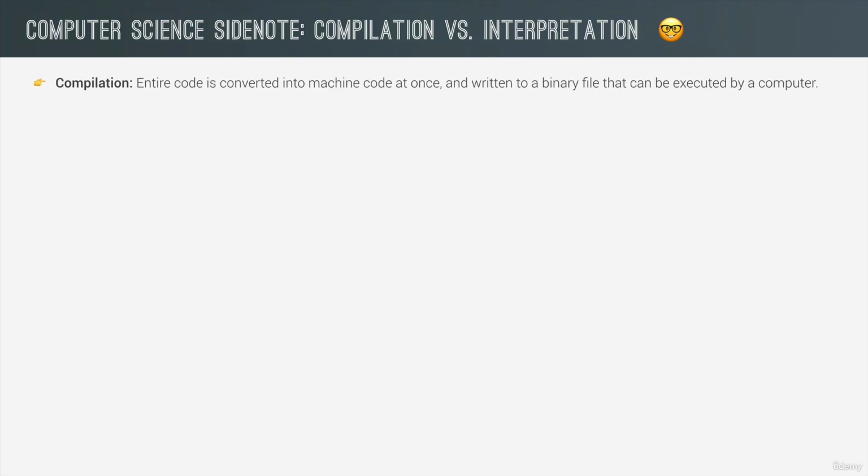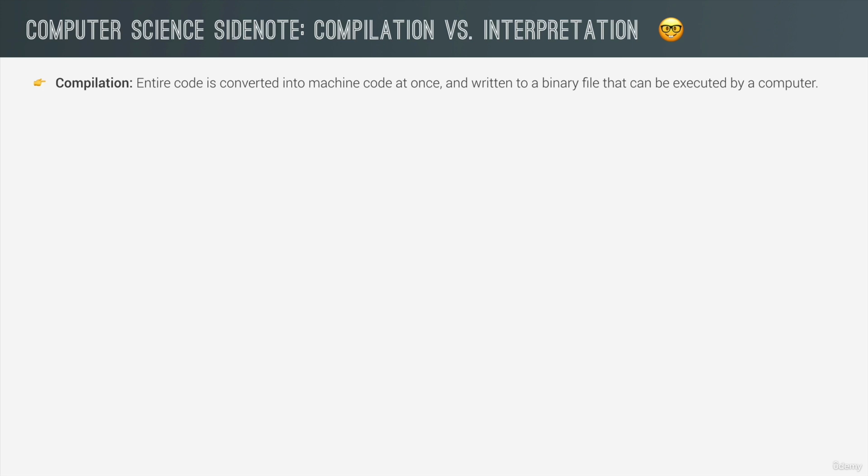But first, we need to make a quick computer science side note here and talk about the difference between compilation and interpretation. So in the last lecture, we learned that the computer's processor only understands zeros and ones, and that therefore every single computer program ultimately needs to be converted into this machine code. And this can happen using compilation or interpretation. So in compilation, the entire source code is converted into machine code at once.